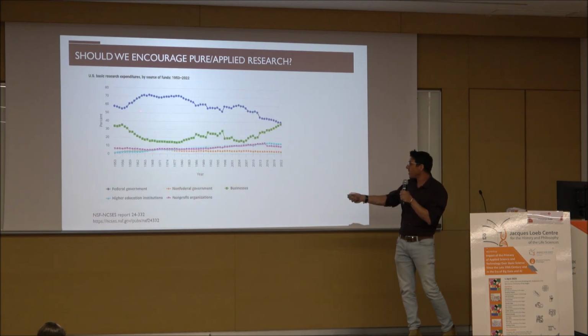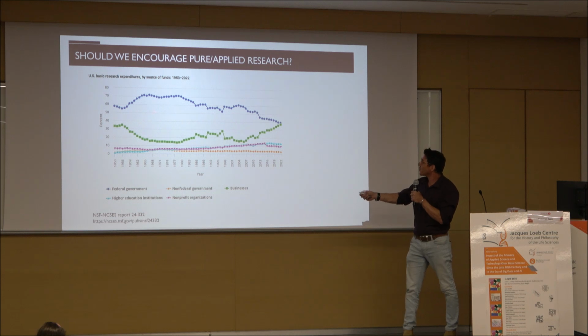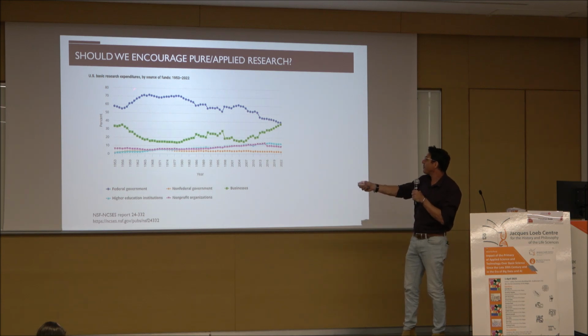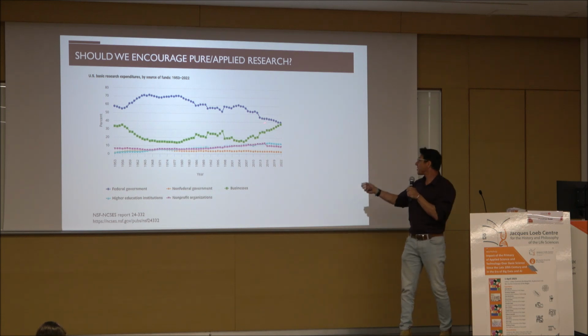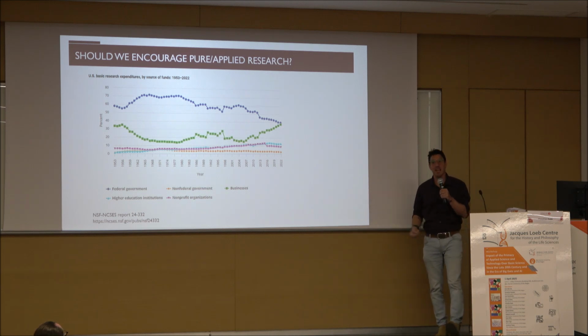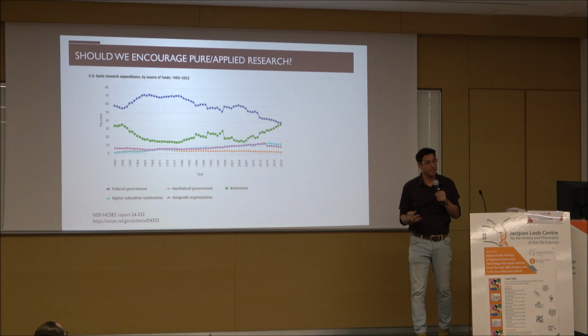You can see the same trends in US basic research expenditure: coming from the federal government it's going down slightly, but coming from businesses it's going up. And this is something that has amazingly been happening in the last, I'm going to say, 10 or 15 years, since the boom of AI.